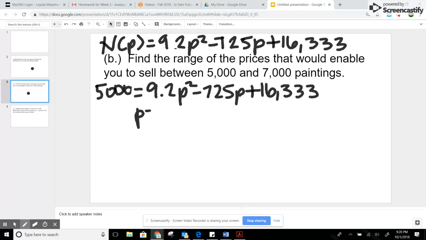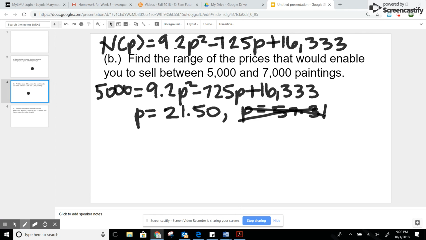With this one, I again get two answers, 21.50 and 57.31. But again, remember, we have the restriction that it has to be less than $50, so the second cannot be the answer.